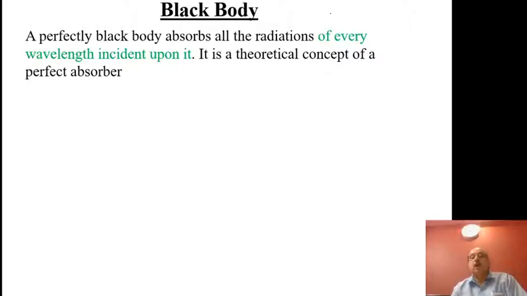If we have an object which absorbs all the radiation, it means the reflectance is 0, the transmittance is 0, and only the absorptance remains.